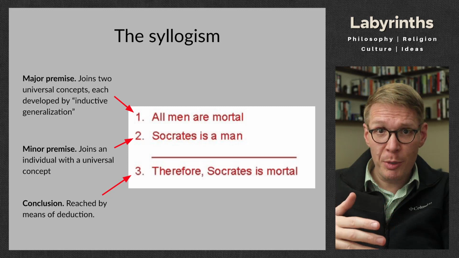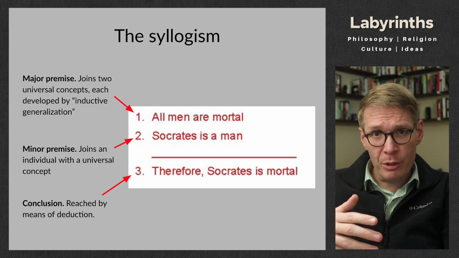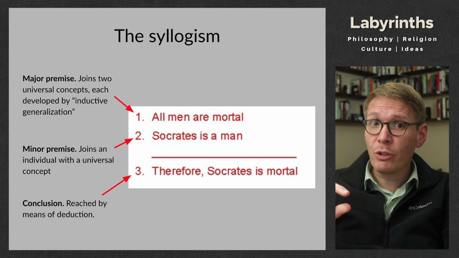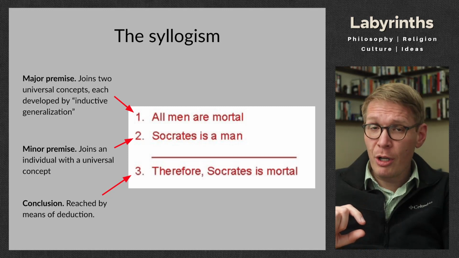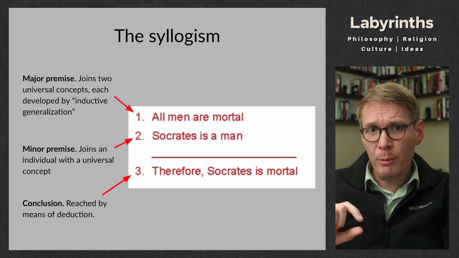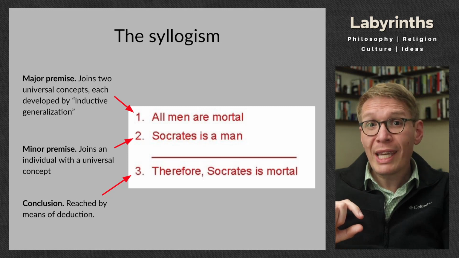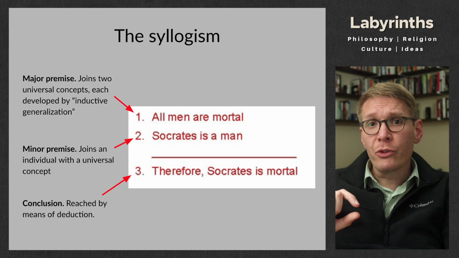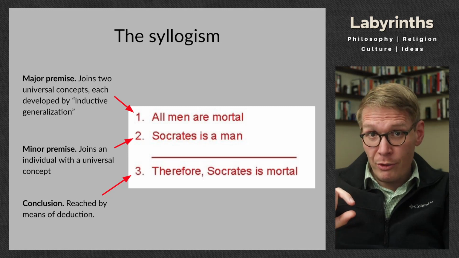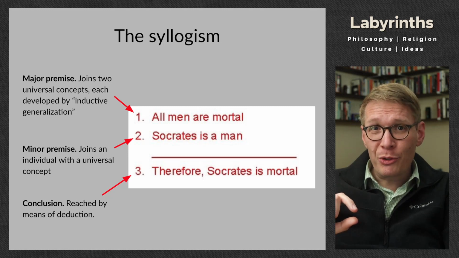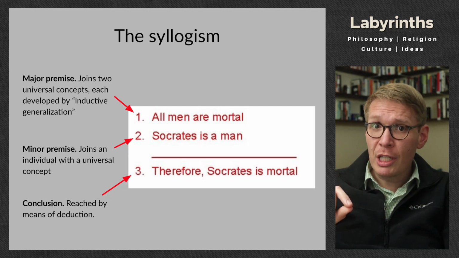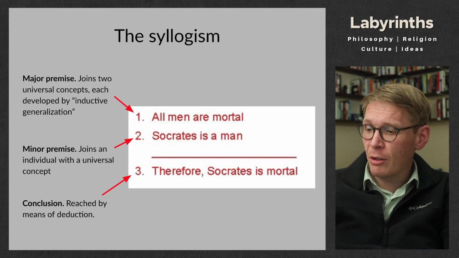I'm looking at my experience of the world, I am forming certain concepts, and then in the argument itself, I am drawing out the logical conclusion of those concepts. So primarily what we're going to be doing in the logic of arguments is looking at those laws of logic, rules of reasoning, deductive reasoning. We're not going to be focusing on how we initially form those claims that are functioning here as premises. For example, all men are mortal.